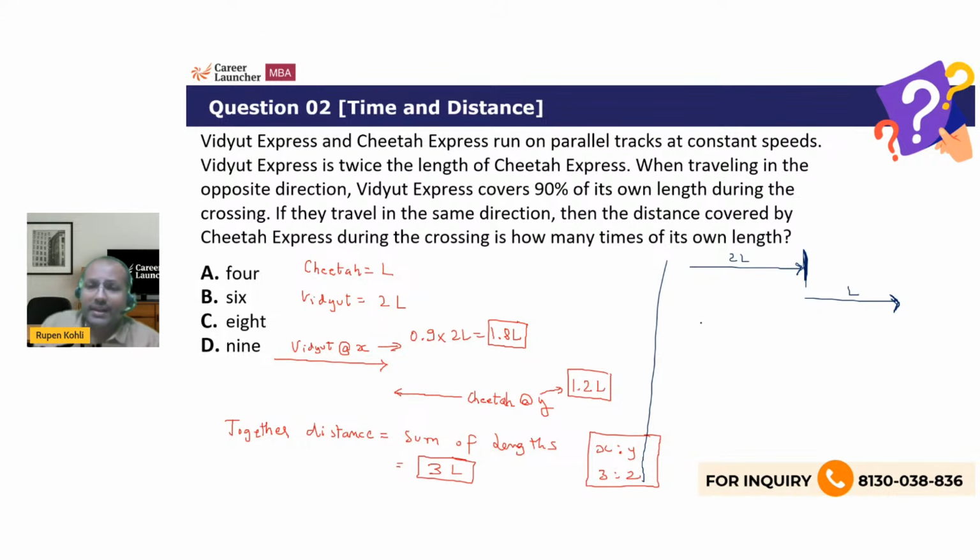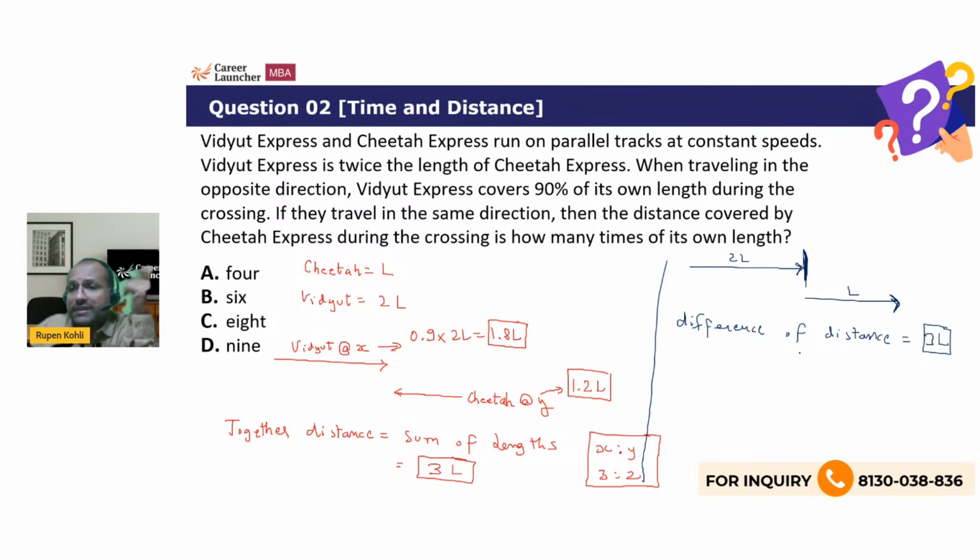So my point is, in this case, it is the difference of the distances covered which should be equal to 3L. When crossing happens in the opposite direction, it is the sum of the lengths. This is what we wrote earlier. Remember, together they cover a distance equal to the sum of the lengths, which is 3L. In this case, moving in the same direction, overtaking has to happen.